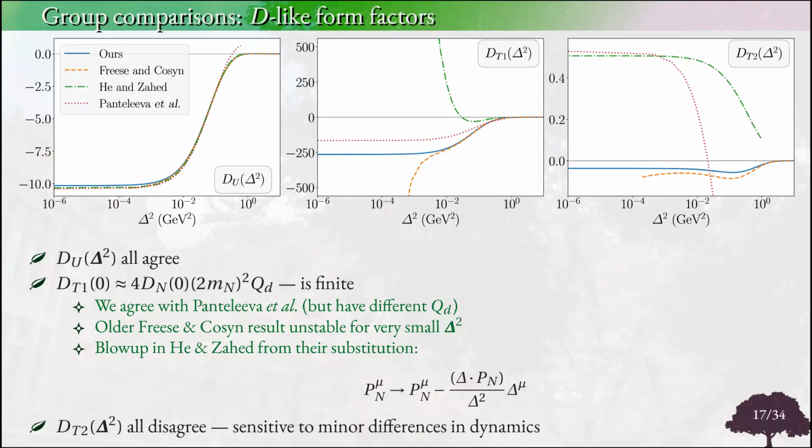And actually, if you read the papers by Panteleva et al. and He and Zahed, these things receive massive corrections from next-to-leading order or exchange currents. So basically, these are very sensitive to minor differences in dynamics. So perhaps if you actually want to understand internal structure of the deuteron in a way that distinguishes between all the wave functions and models out there, D_T2 might be the thing you want to empirically measure.